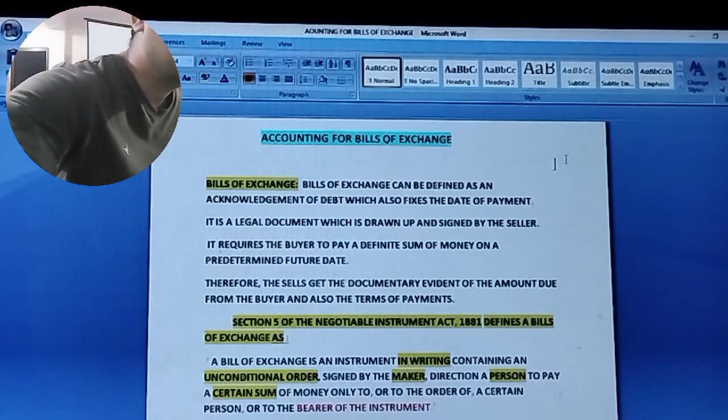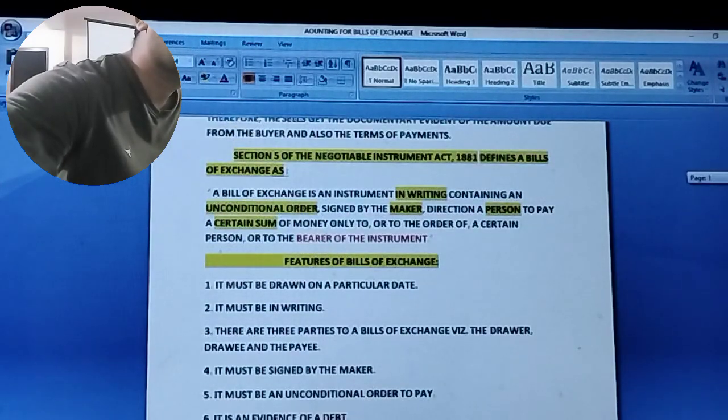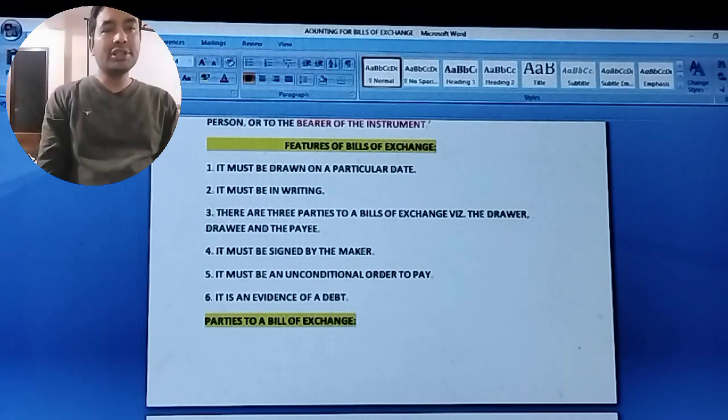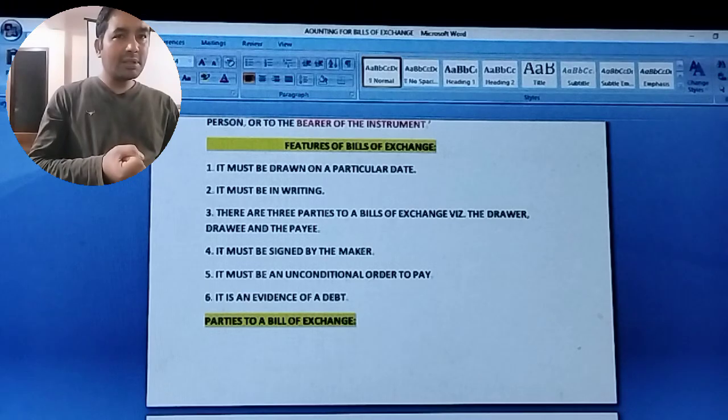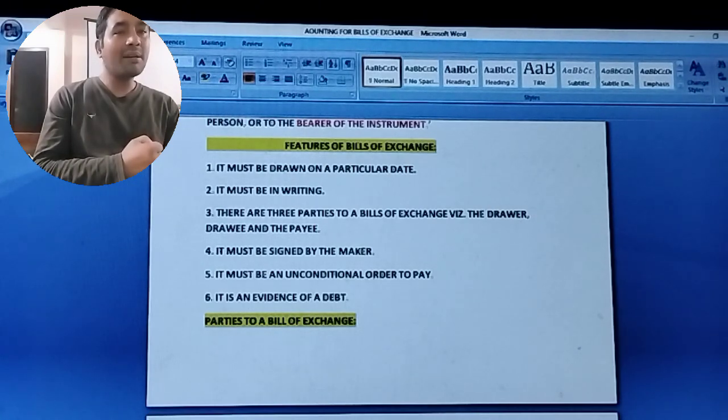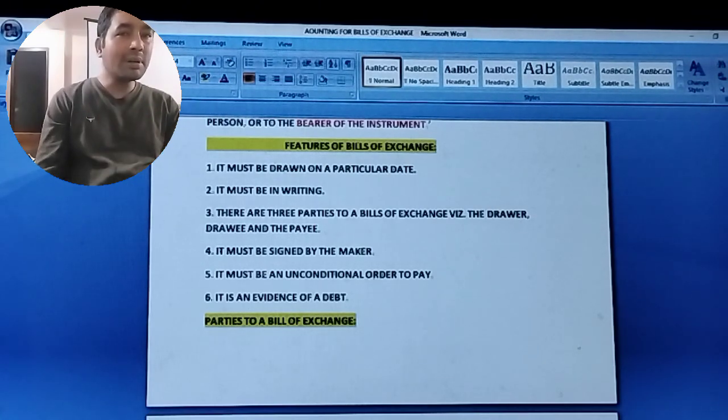Now we will learn certain features of bills of exchange. From the definitions, it is already clear that there are certain features of bills of exchange. Number one important feature is it must be drawn on a particular date.